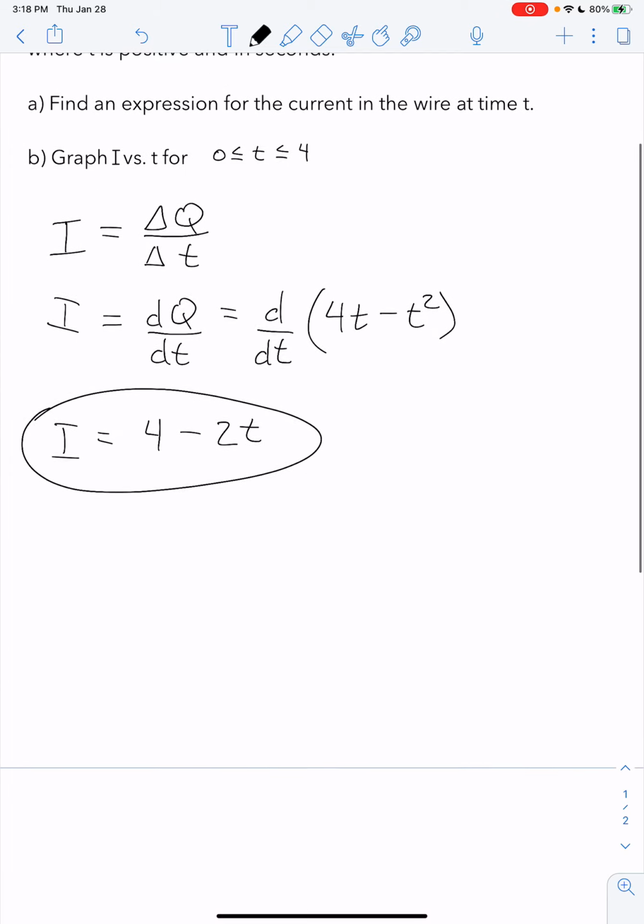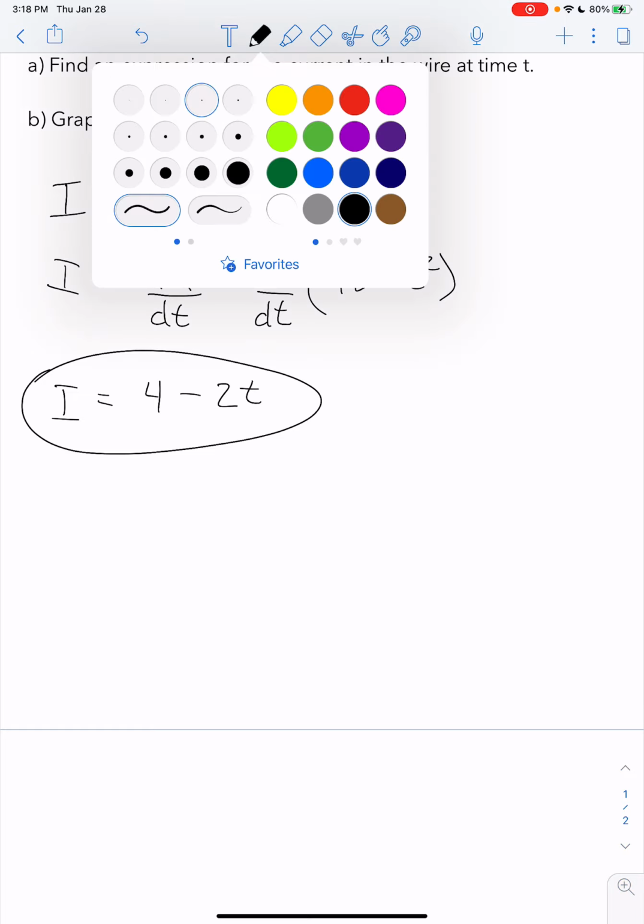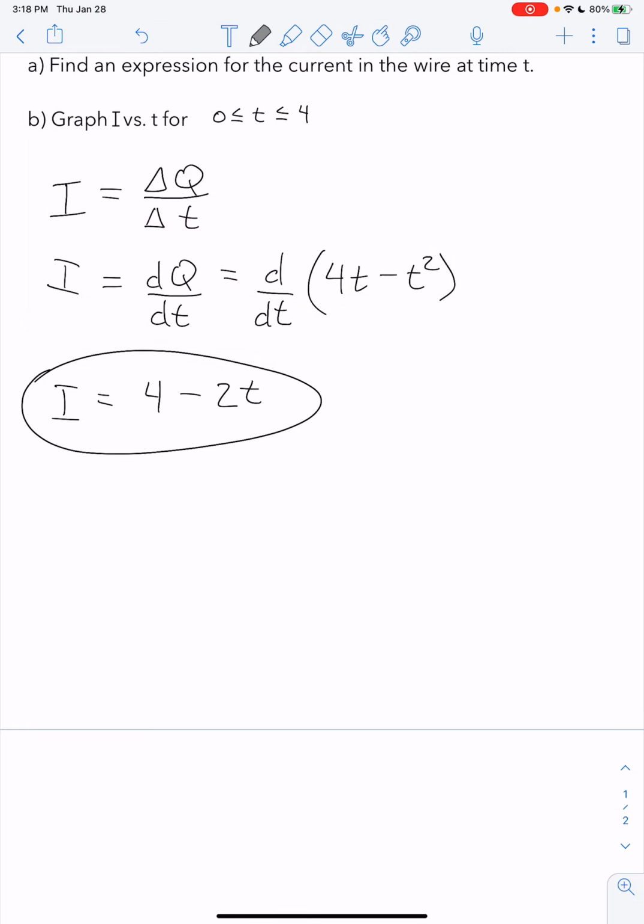So then it asks, well, can you graph that to get a sense of what this might look like? Sure, we can do that. Just hold on a moment. I will draw up some axes. So we'll have I on this axis, and we will have time on this axis.